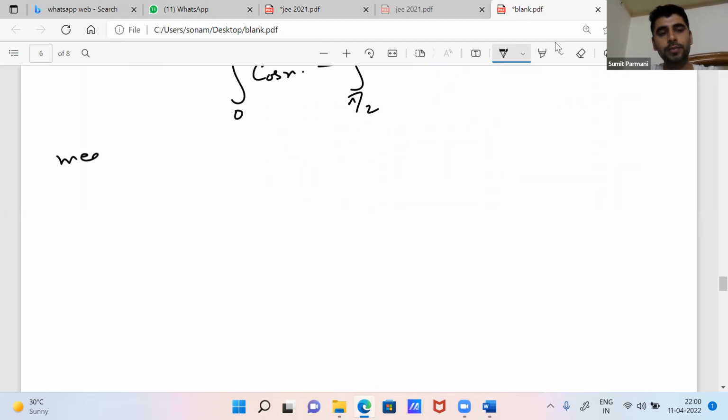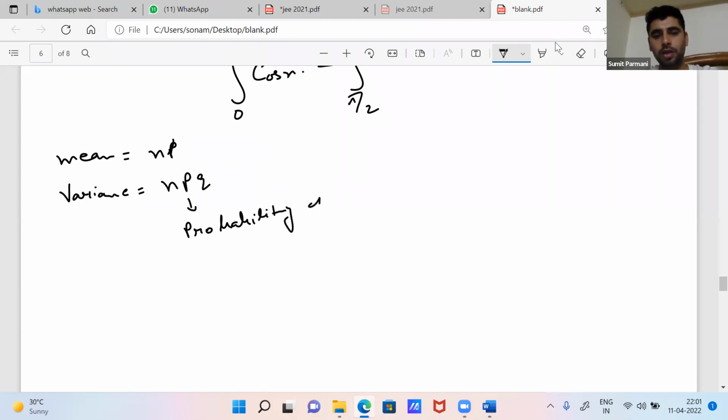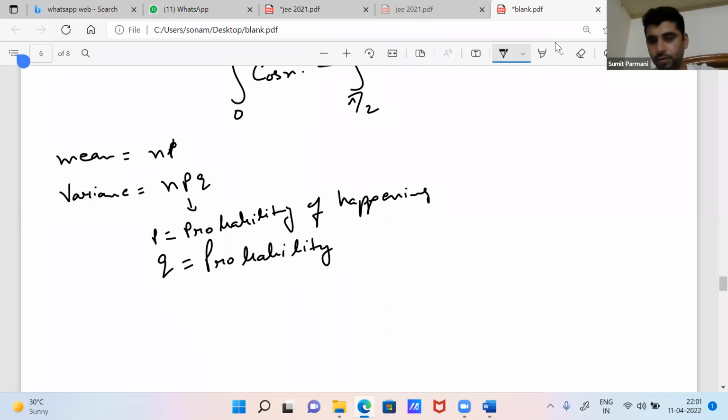What is the mean of a binomial distribution? That is np, and the variance is npq. p is the probability of happening, and q is the probability of non-happening.